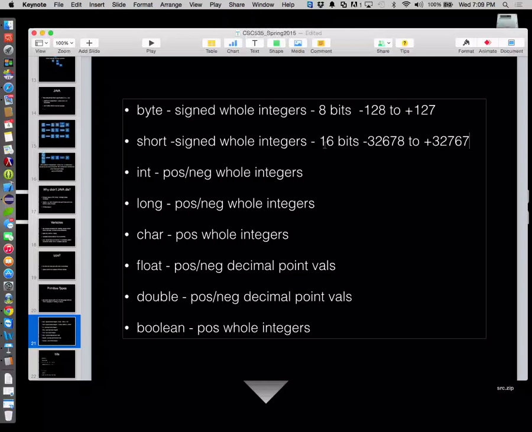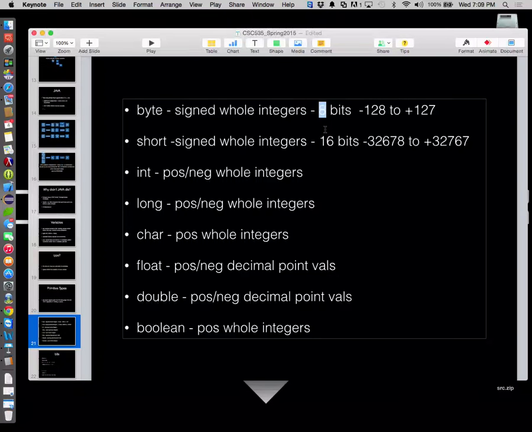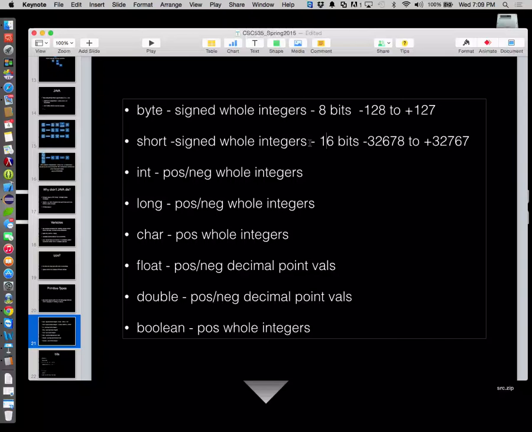You could also say it's plus or minus 2 to the 15th power. This is plus or minus 2 to the 7th power. 1 less than the number of bits, since one of the bits is used for the sign.